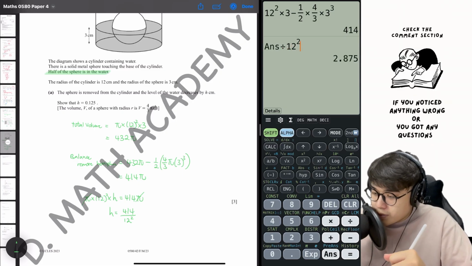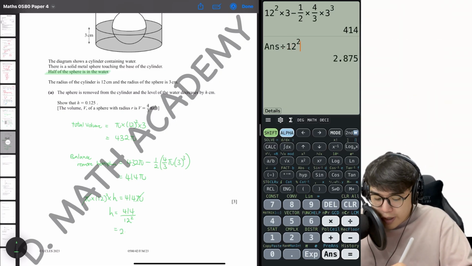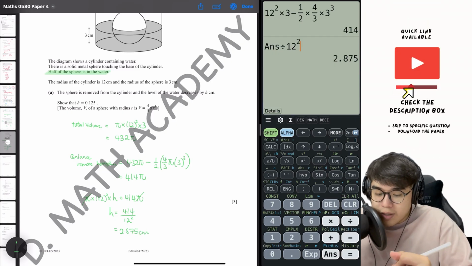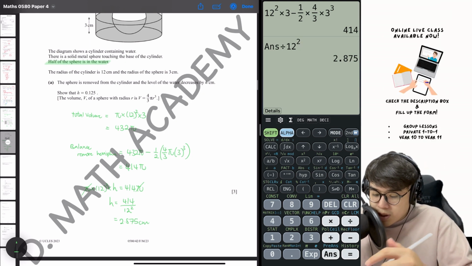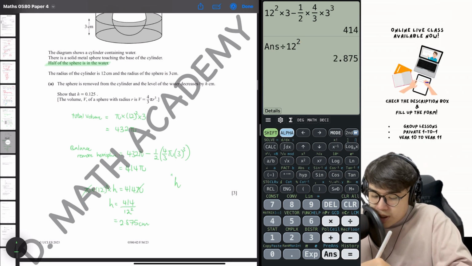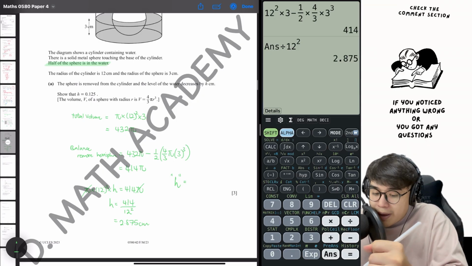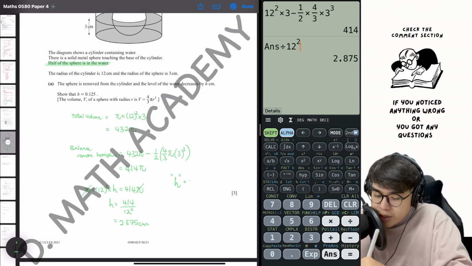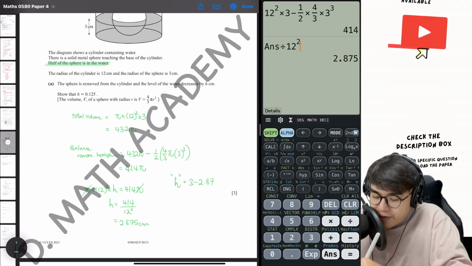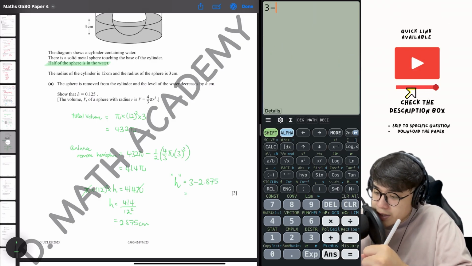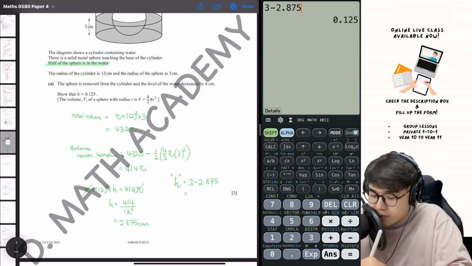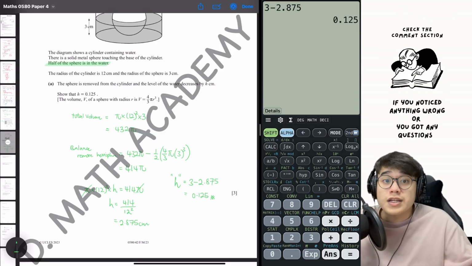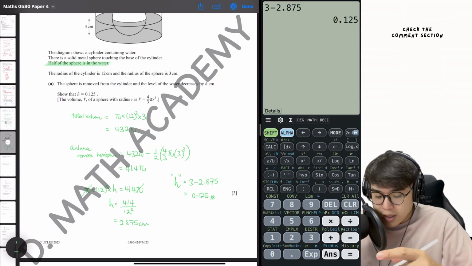Divided by 12 square, you have a balance of 2.875 cm. So the actual h that they are looking for will be by having your 3 minus 2.875, which is about 0.125 as the answer that they're looking for here.